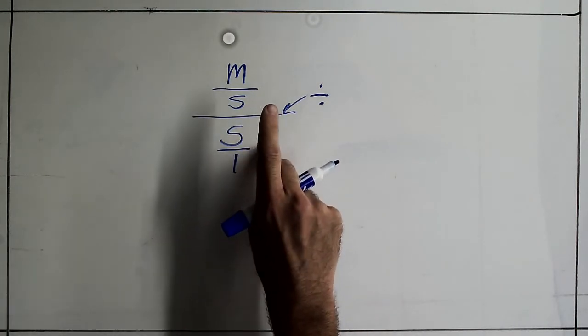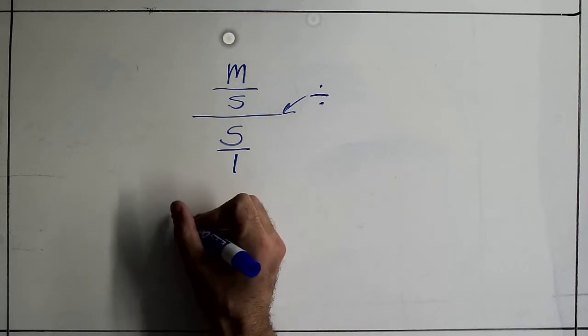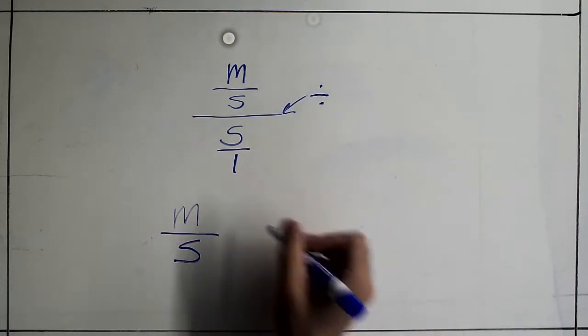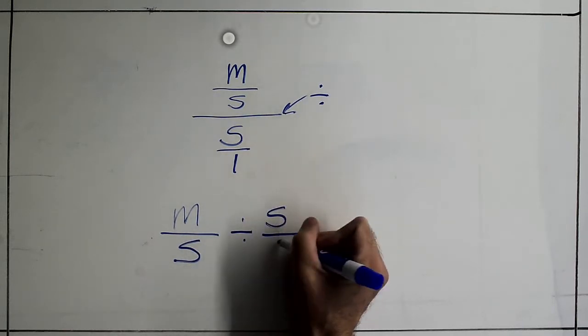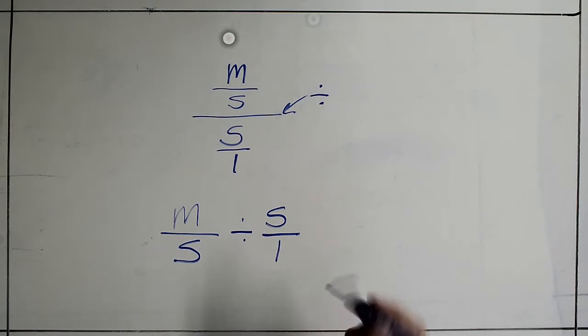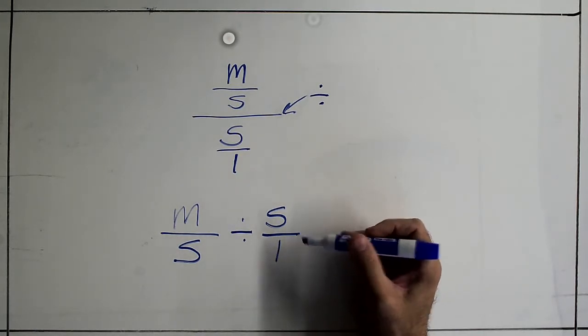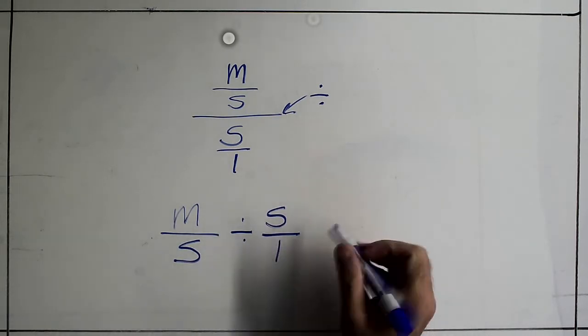I'm going to rewrite this, though, in a different way. I'm going to put meters per second divided by seconds over 1. Now, if you know how to solve this, what you have to do is take this and flip it.